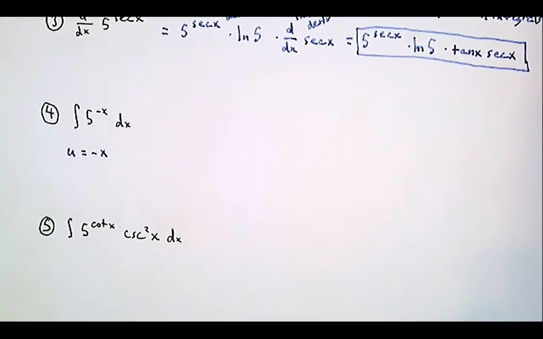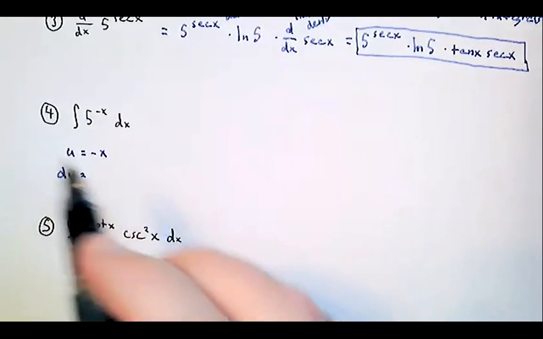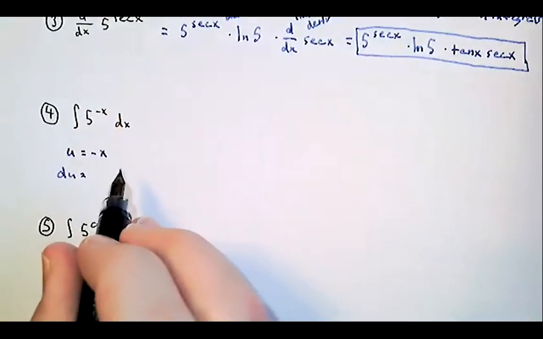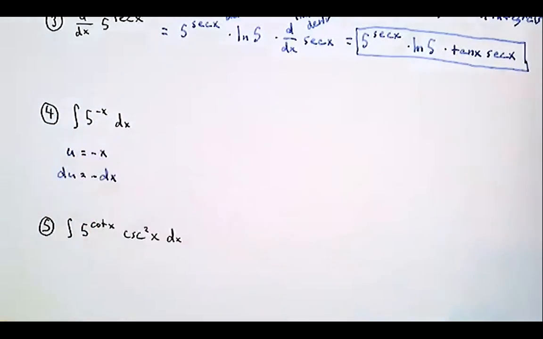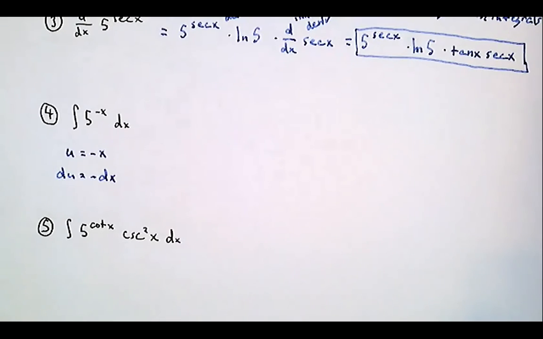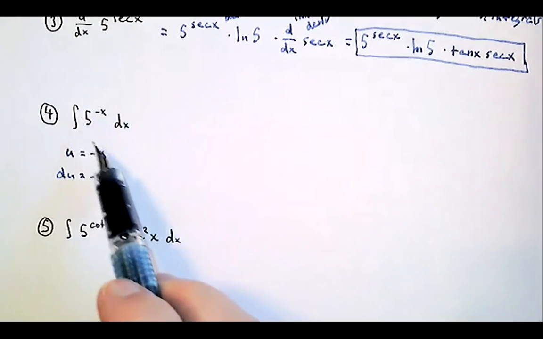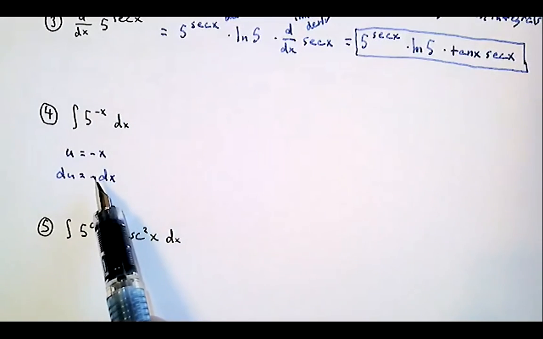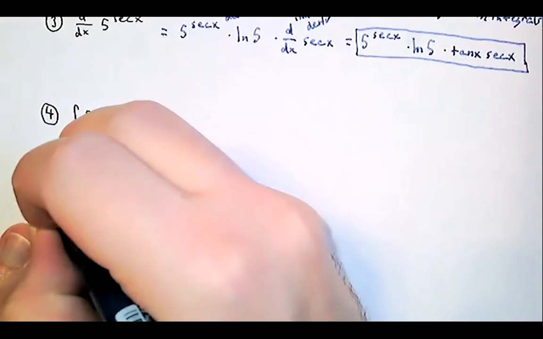Okay, so if u equals minus x, we can find du. Take the derivative, you get a minus 1 times dx. And since we don't have a minus sign in the original problem, we probably want to move this to the left to make it a little bit easier to handle.